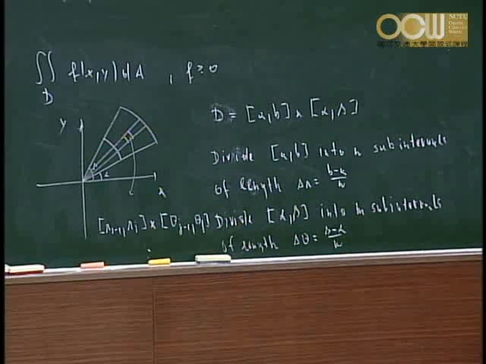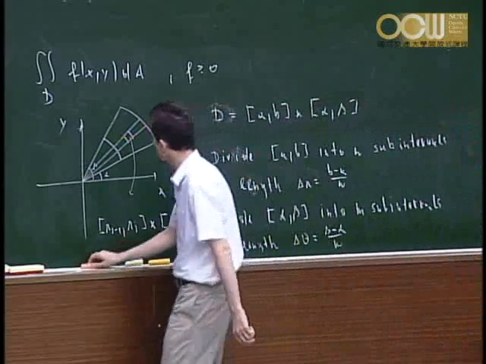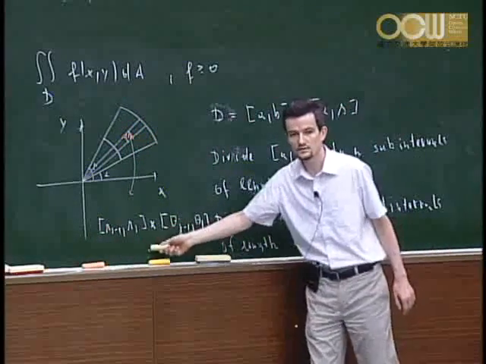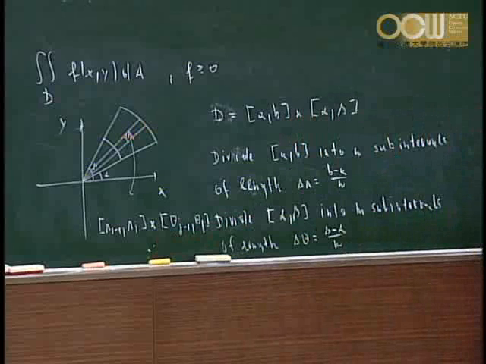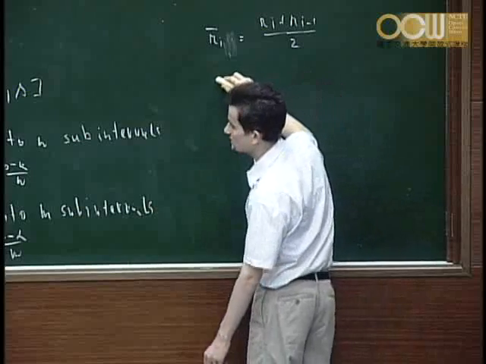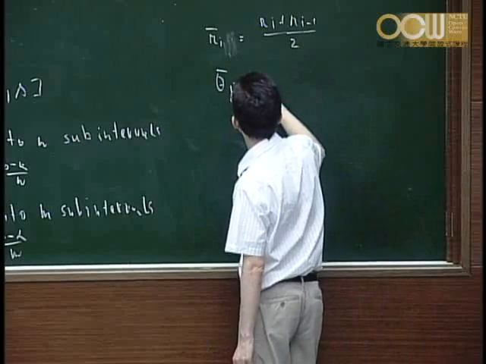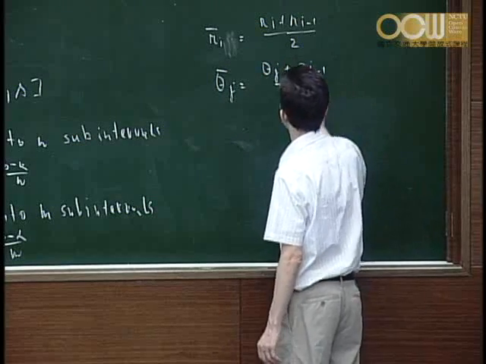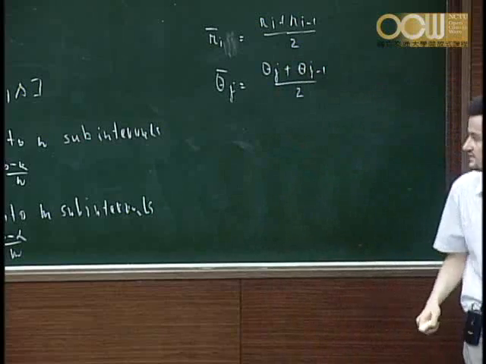Now we choose a sample point in each of those small polar rectangles, and we choose the midpoint of the interval. So define r_i bar as (r_i plus r_{i-1}) over 2, and theta_j bar as (theta_j plus theta_{j-1}) over 2.